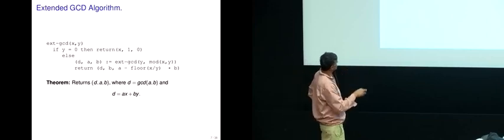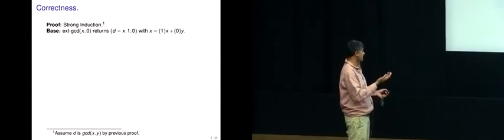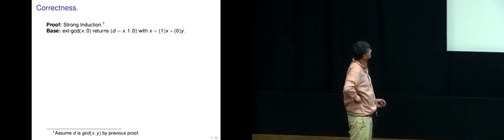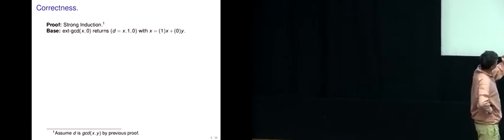So the theorem is it returns D, A, B, where D equals GCD of x and y, and D equals AX plus BY. The correctness is just induction, or I guess we're saying strong induction, but to me it's induction at this point. Extended GCD of x and 0 returns D equals x, 1, 0.